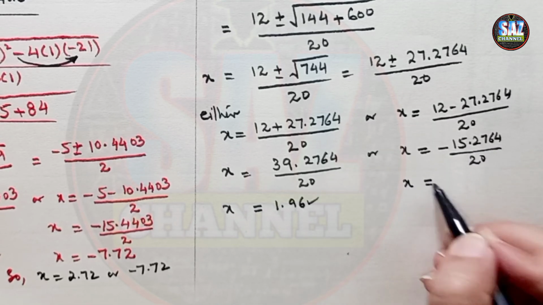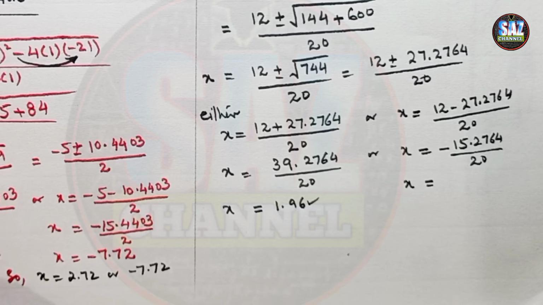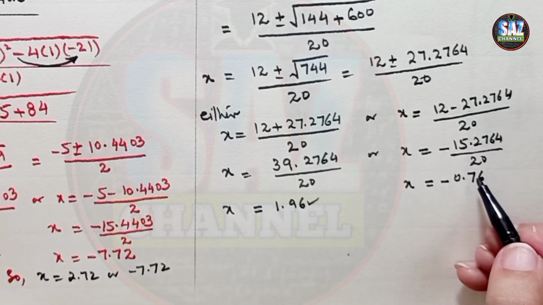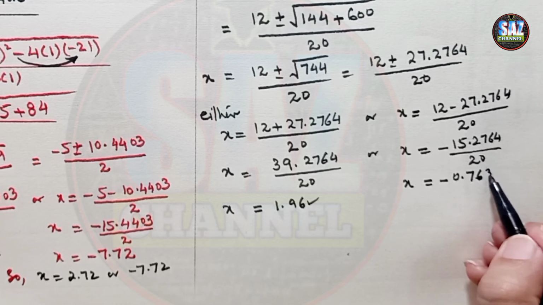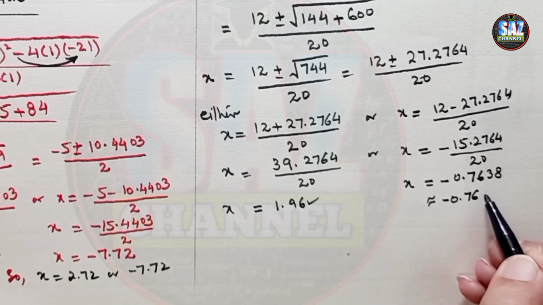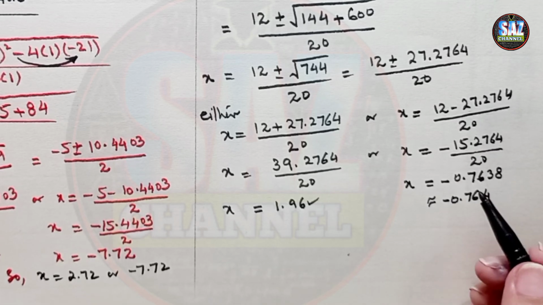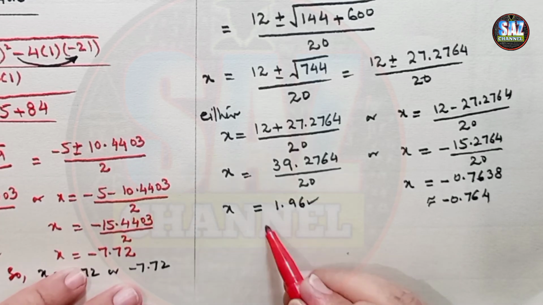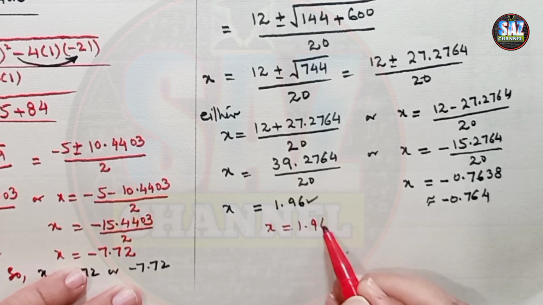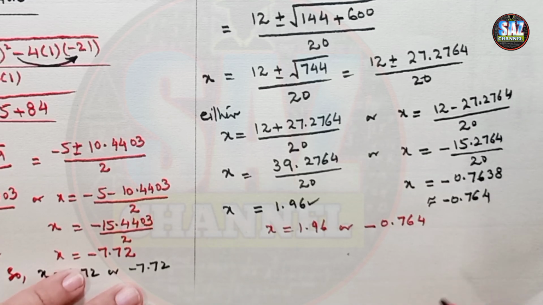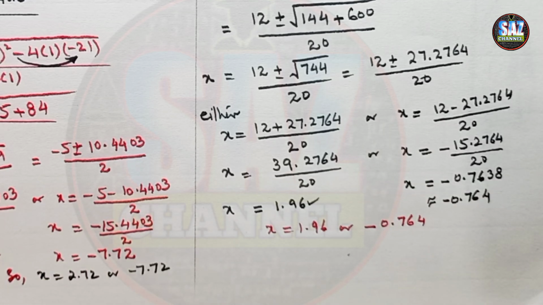Now I have to divide this value by 20, and this gives me minus 0.7638, and this can be taken as minus 0.764. So the two solutions of this equation are x equals 1.96 or minus 0.764.